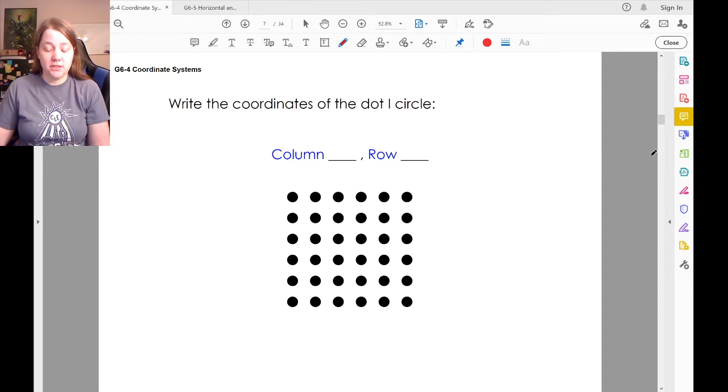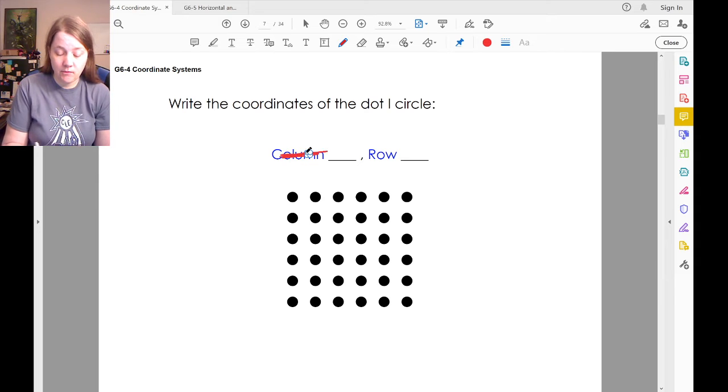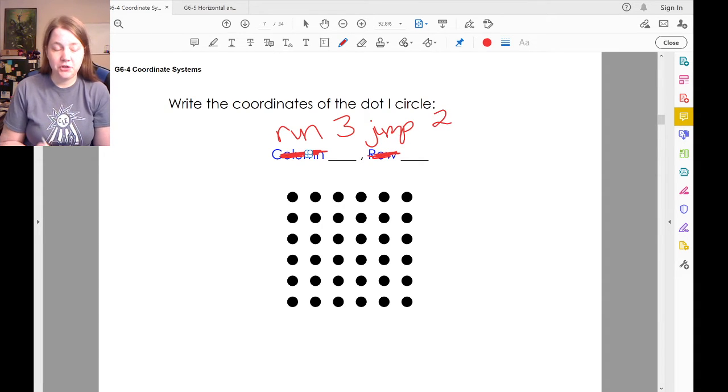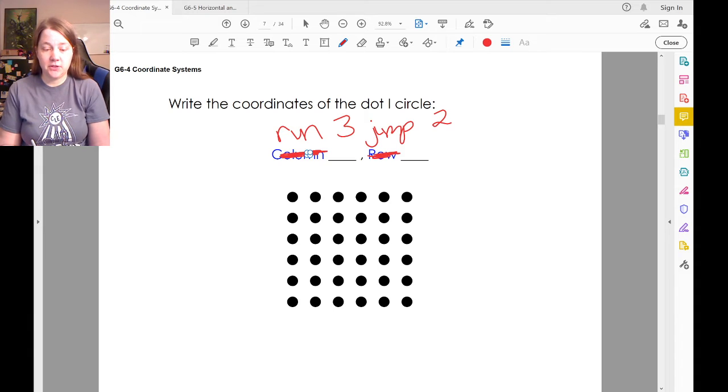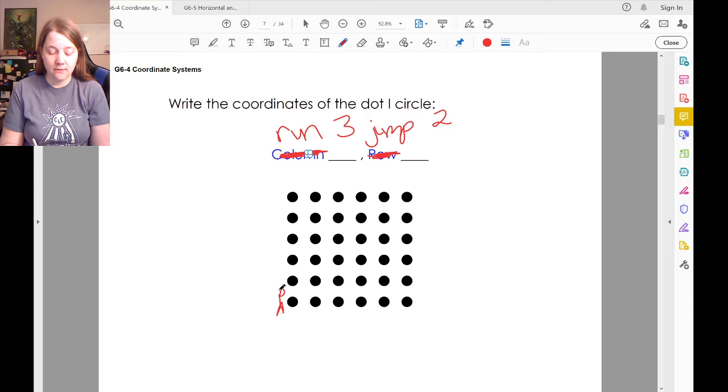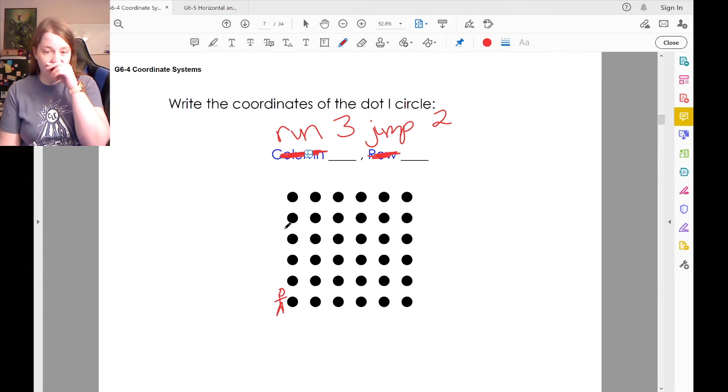If I ask you for a run of 3 and a jump of 2, that means, first of all, you always start at the beginning, which is down here at the bottom left corner.